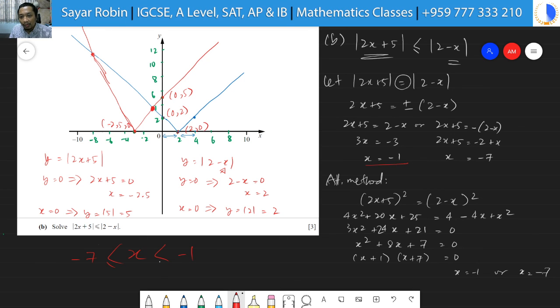So we must put the equal sign. The red graph is below the blue graph in between negative 7 and negative 1 only. Outside of negative 7 and negative 1, the red line is always above the blue line. Here we go, obviously, right? This is our final answer for number 5B.